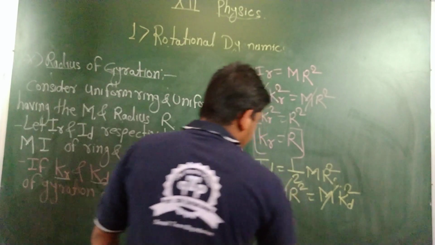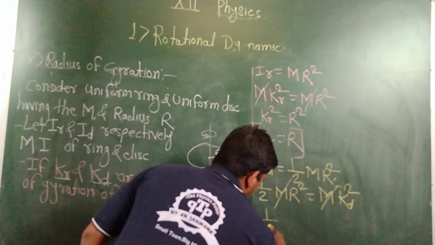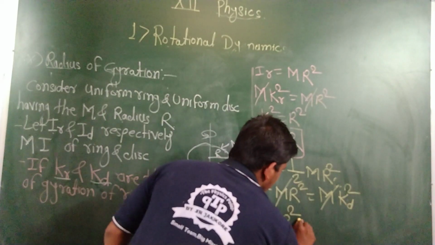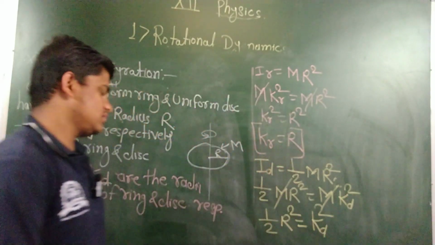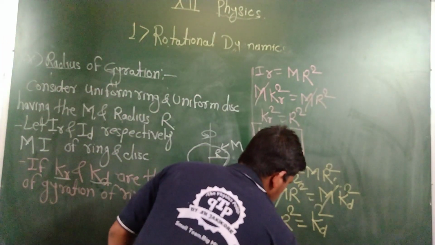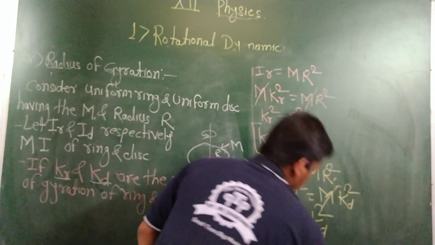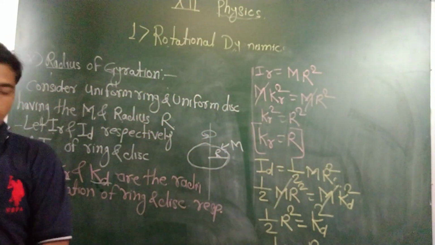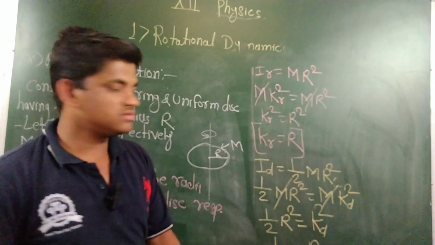Cancelling the same terms on both sides of the equality sign, half of R square is equal to KD square. Taking the square root of both sides, KD is equal to R divided by root 2.